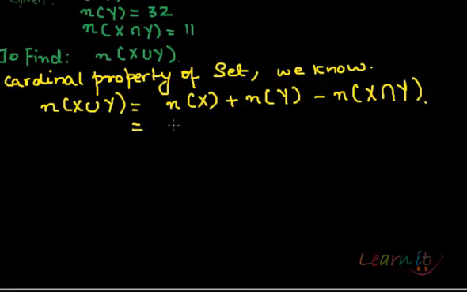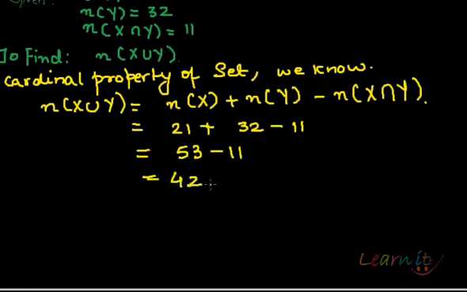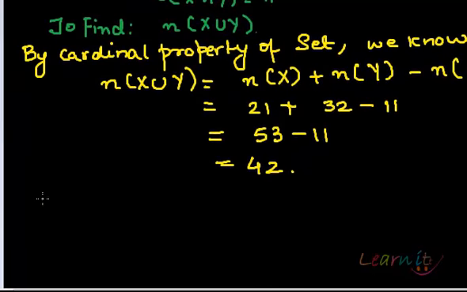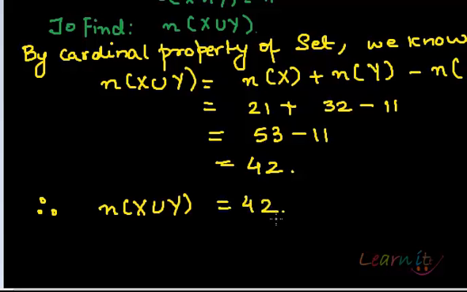So what would this be? 21 plus 32 minus 11. This is 53 minus 11, which gives you 42. So the union consists of 42 elements.